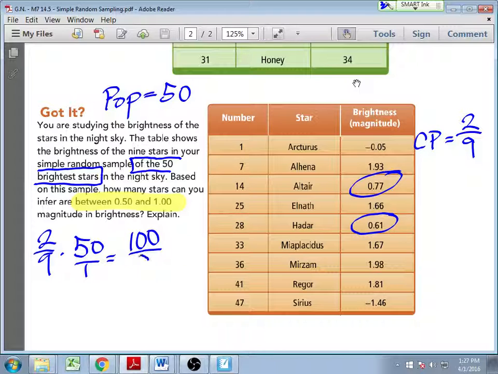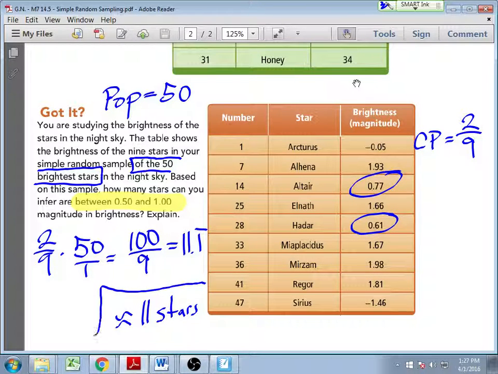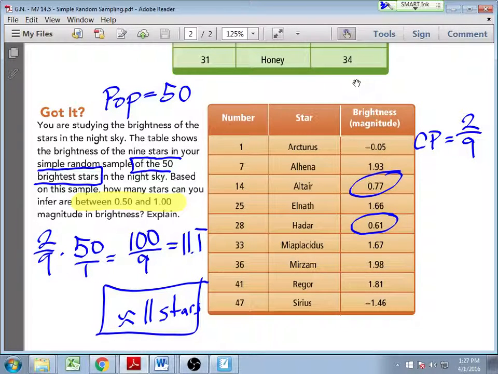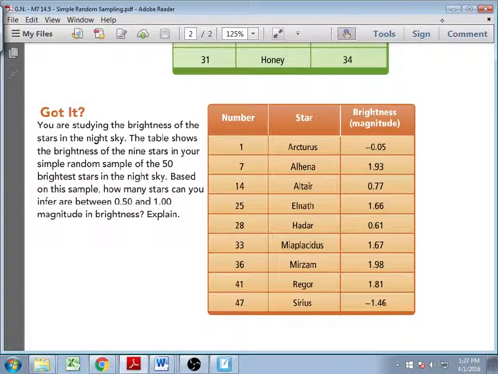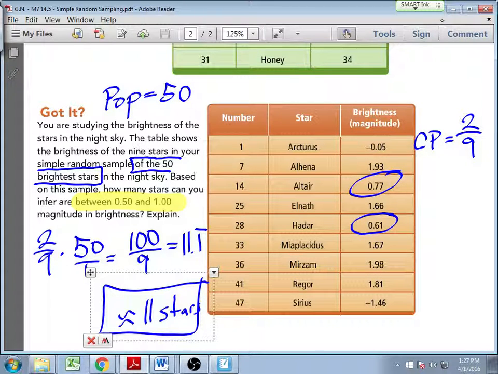And I got 11.1 forever. It approximates to 11 stars. That's a lot of stars. But that's just what would have that magnitude brightness. So some might be lower, some might be higher. Just 11 stars fit there.